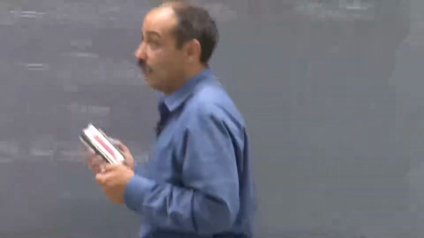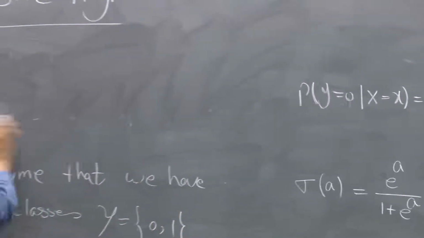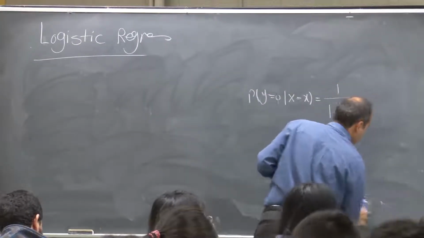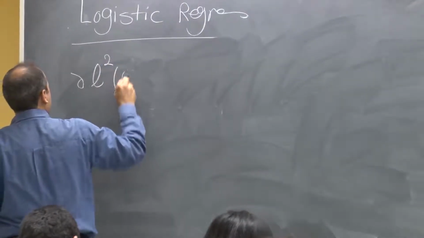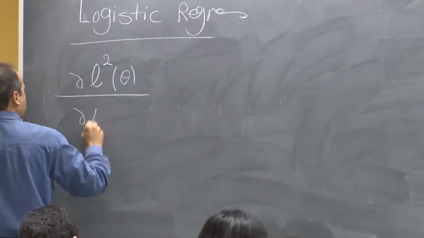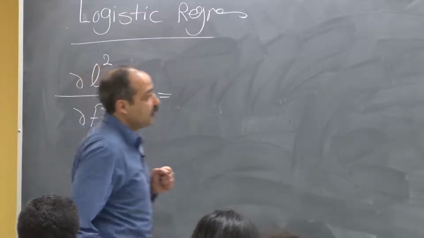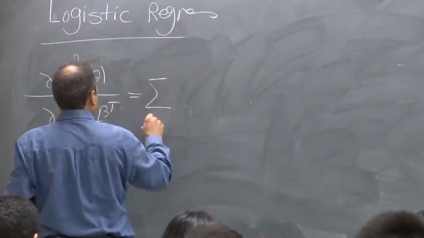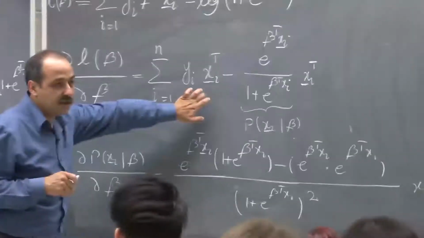Now let's take the second derivative of the likelihood. So it's going to be sigma. The derivative of the first term is just 0 with respect to beta.